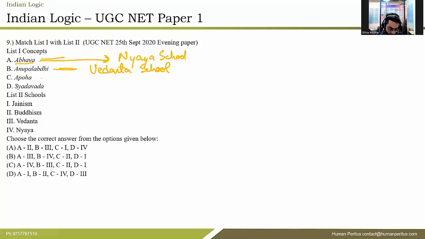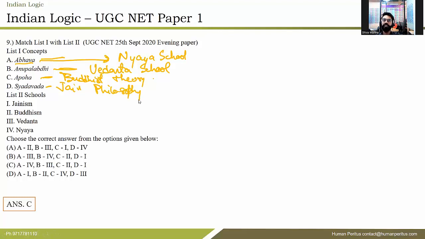Okay. Apoha is a Buddhist theory. Now, it's a very descriptive model of cognition. It believes in example, truths, experimentation, finding something out. Okay. Syadvada is a Jain philosophy.